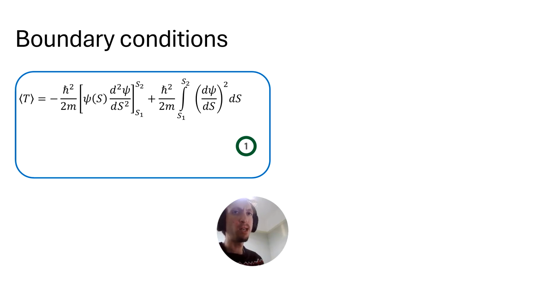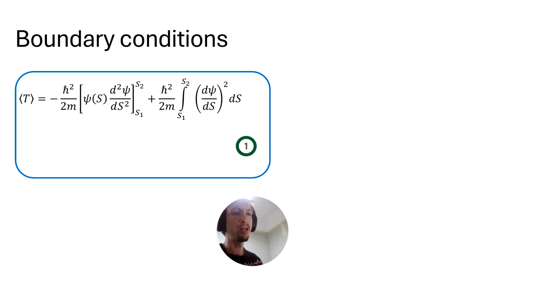At the end of this video, we will talk a little bit about Gaussian stationary states. But one stationary state which is really nice to pick is an infinite potential well. Because with an infinite potential well, we can think of our particle as being confined entirely to a segment of our s-axis between s1 and s2.